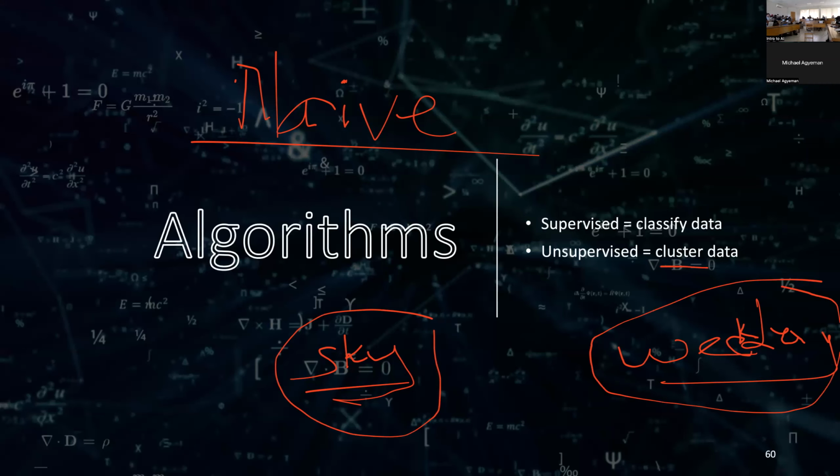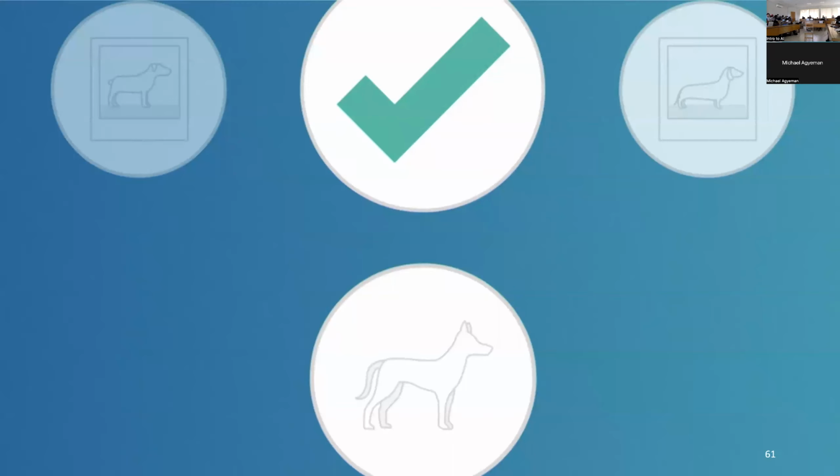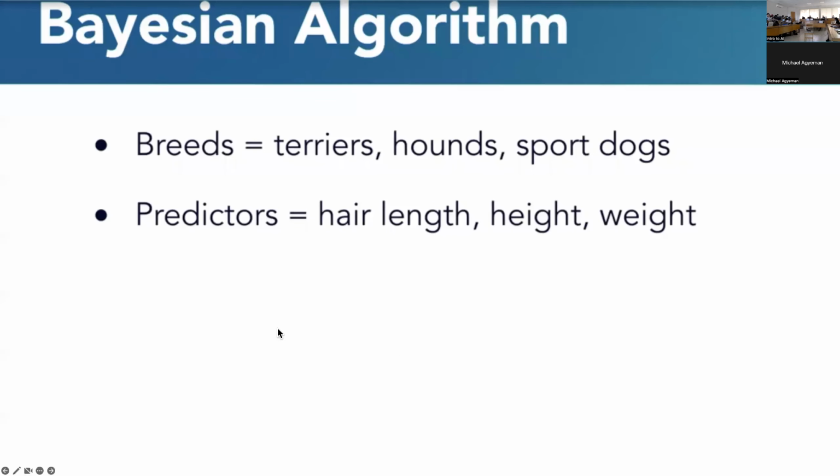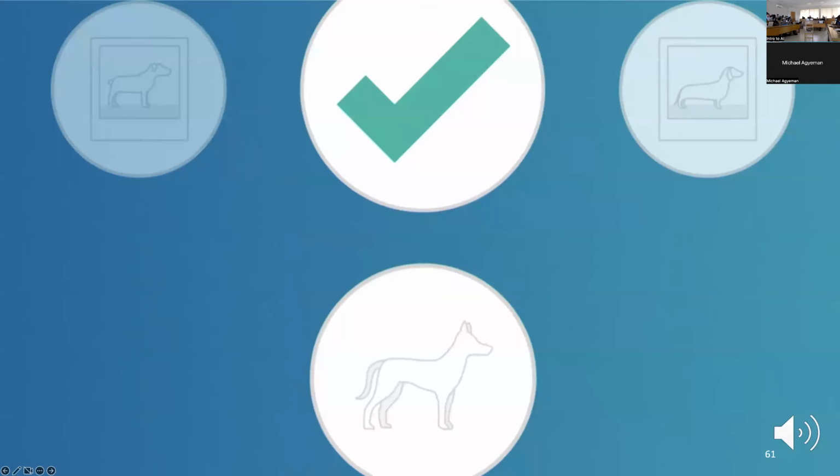Yes, please. So if we go back to the example we looked at earlier, which was the dog example, pretty much trying to find out what type of dog breed we have.